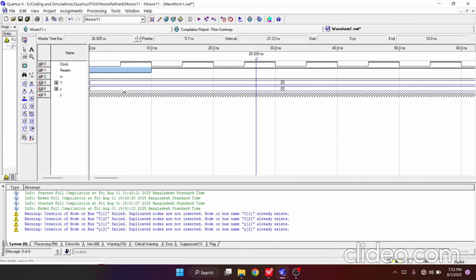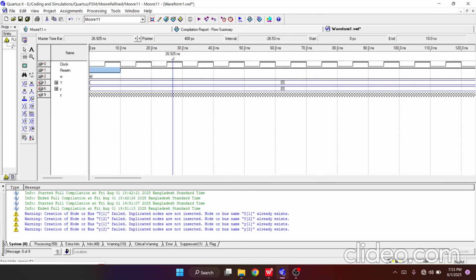Now for 1-1 detection, I can give any custom sequence to the W. I want to give something like this: first 1-1, then 0, then 1-1-1, again 0, then 1-1-0, then 1. Okay, so what I have applied to my input W is 1-1-0, 1-1-1-0, 1-1-0-1.